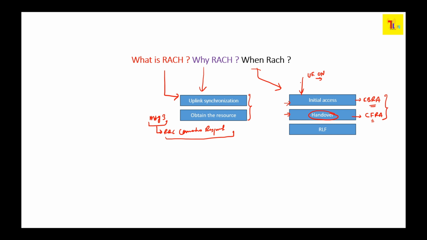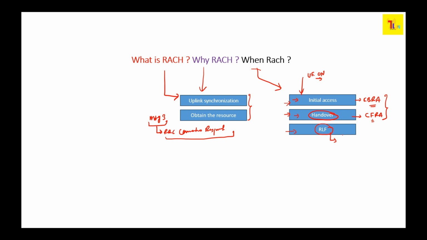Basically, RACH is going to take place at the time of initial acquisition or initial access. At the time of handover, we are going to perform this RACH. At the time of radio link failure, we already have one video related to RLF, and I will share that link also.